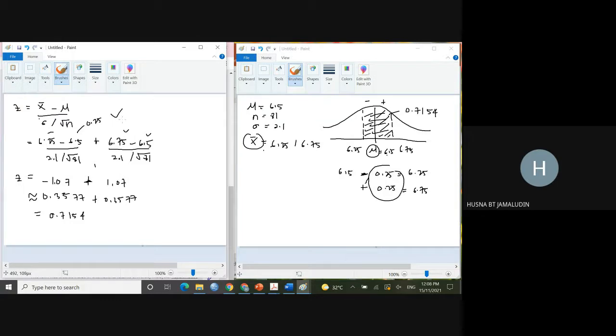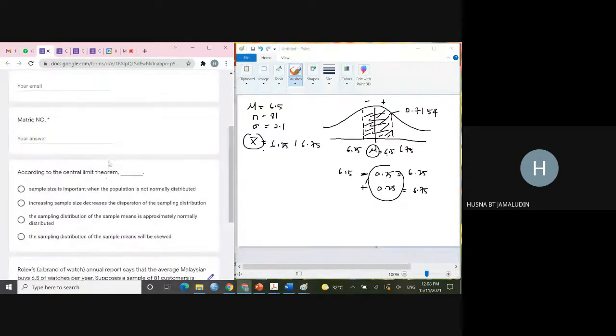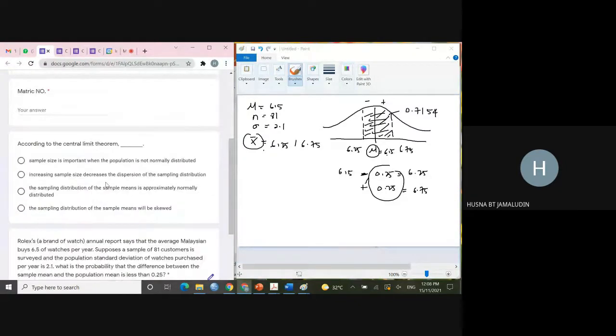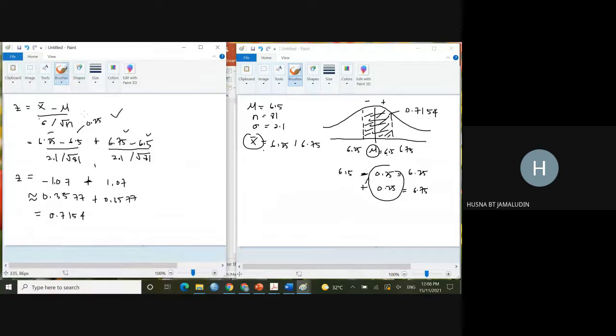If you look at the question, the total marks is 2. The first part will give you half, the second part will give you 1.5. As I mentioned in the previous discussion, if you want to solve this kind of question, you have to have a diagram so that it can help you determine which area we are talking about.